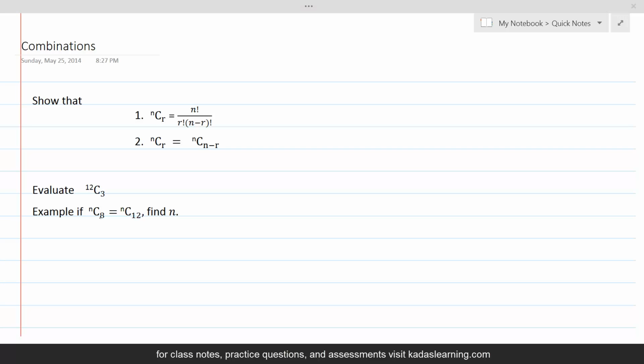In combinations, we learn about choosing the total number of ways in which R objects can be selected from the total of N objects.